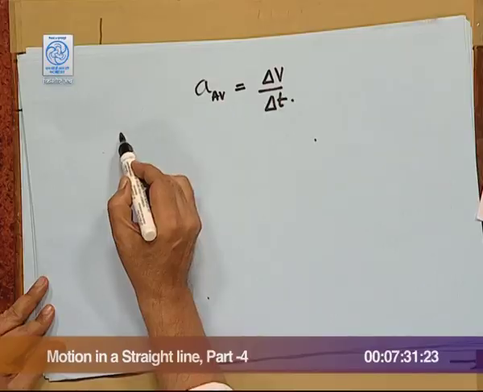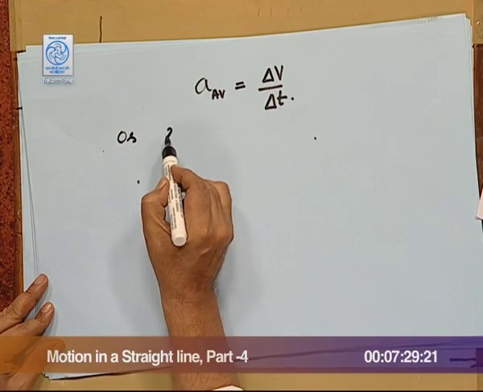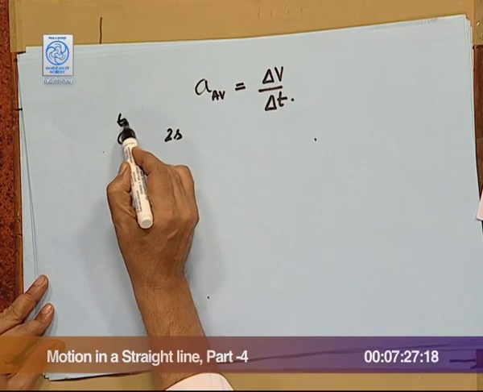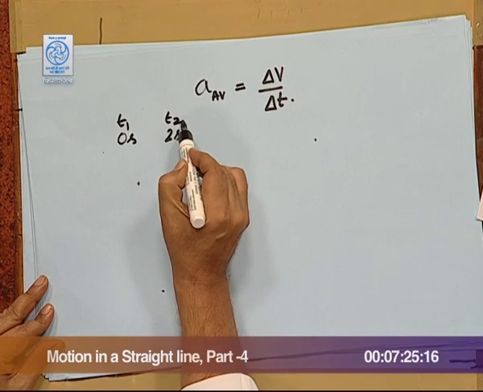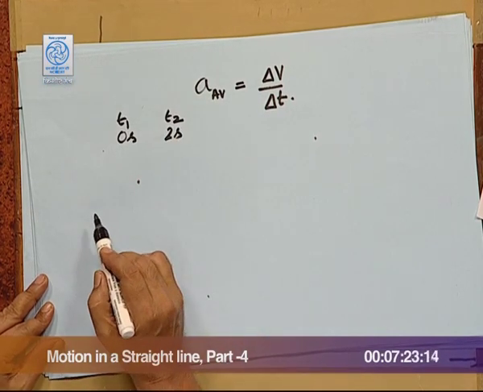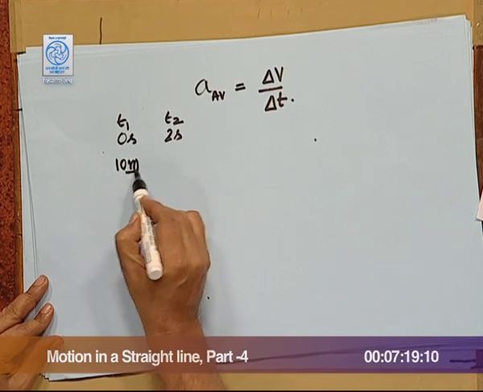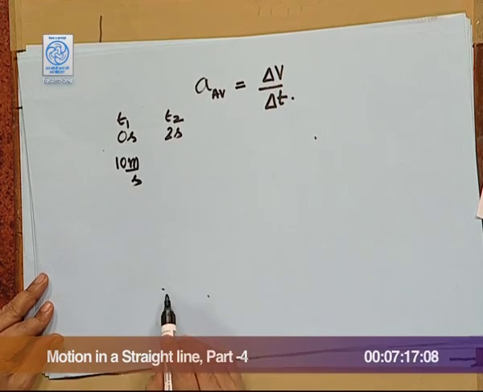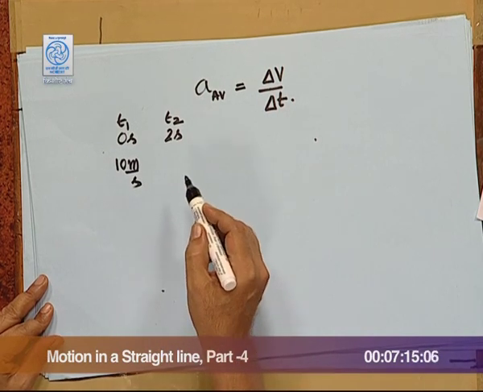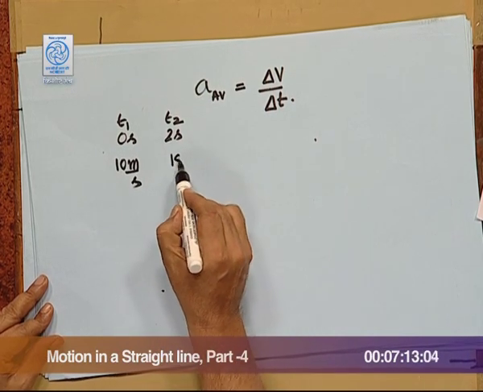In the interval say 0 to 2 seconds, let us take t1 as 0 seconds and t2 as 2 seconds. The velocity corresponding to t1, 0 seconds, is 10 meters per second and the velocity corresponding to the time t2, equal to 2 seconds, is 18 meters per second.